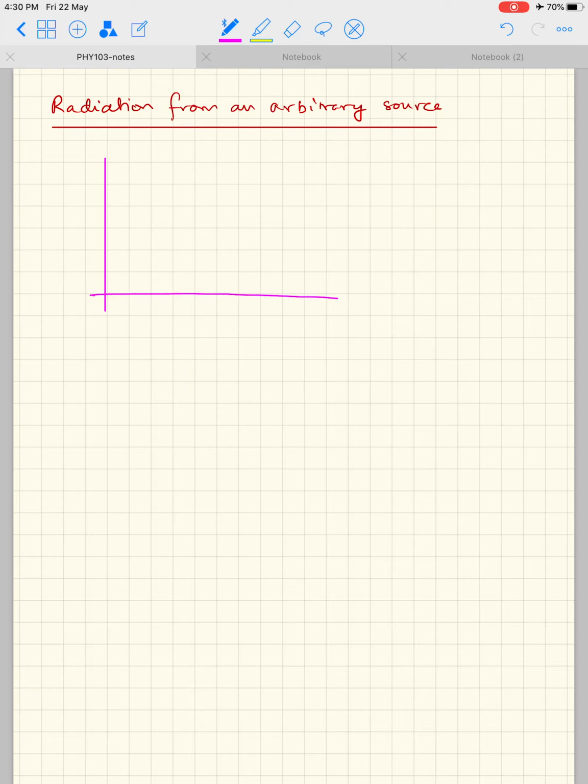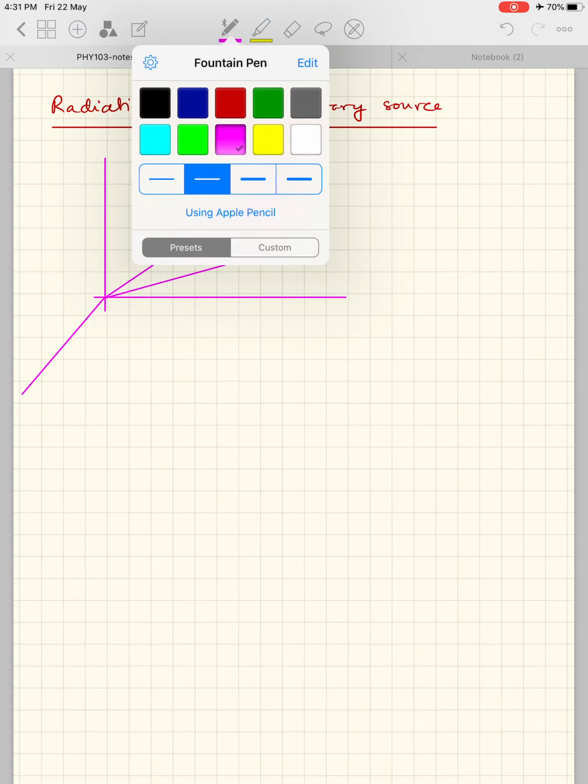So let these be the axes, x, y, and z. Okay, so let me just try and draw something.